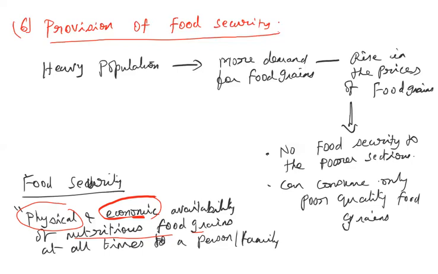See, according to the United Nations and the Food and Agricultural Organization, these are very common problems in our country: hunger, malnutrition, and underweight.